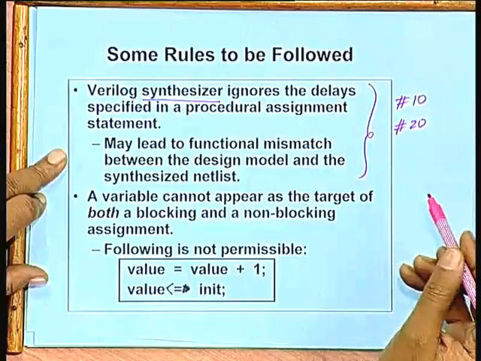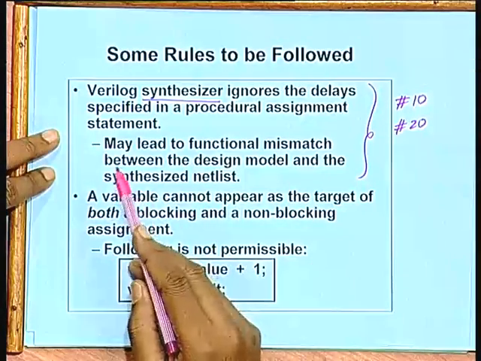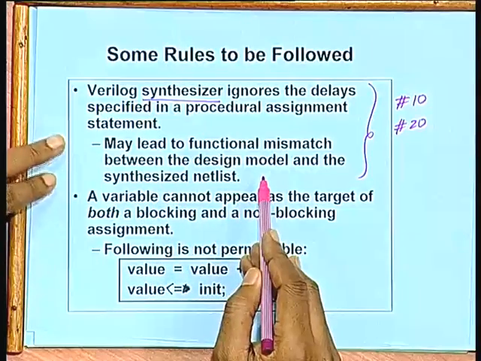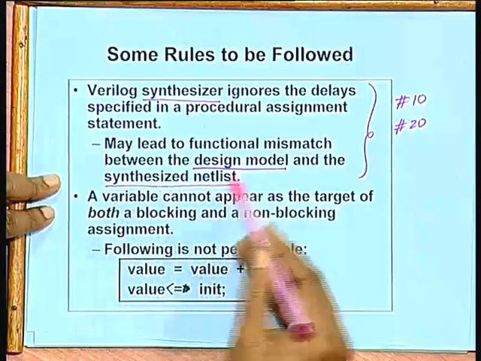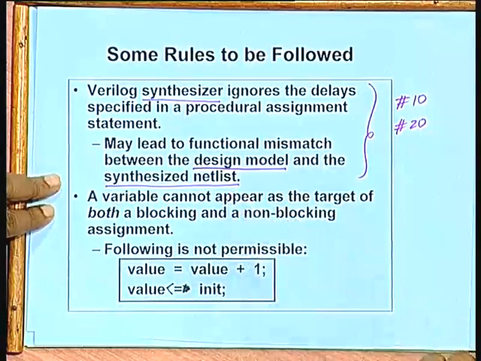So, this is what is mentioned here. This may lead to functional mismatch between the model, meaning the specified code, and the synthesized netlist. Design model we are checking through simulation, and synthesized netlist we are obtaining through synthesis, and then again we are simulating. Okay.